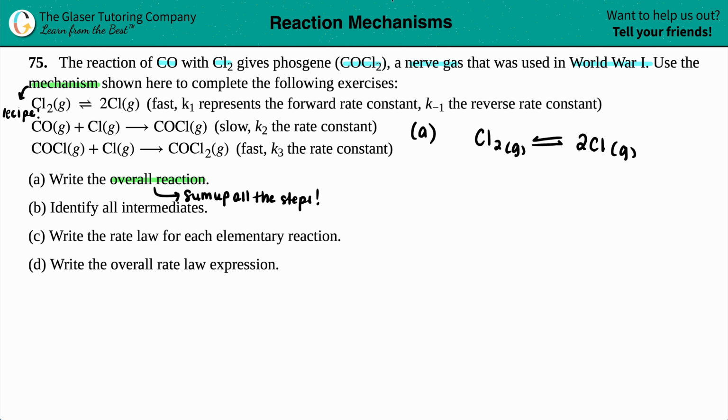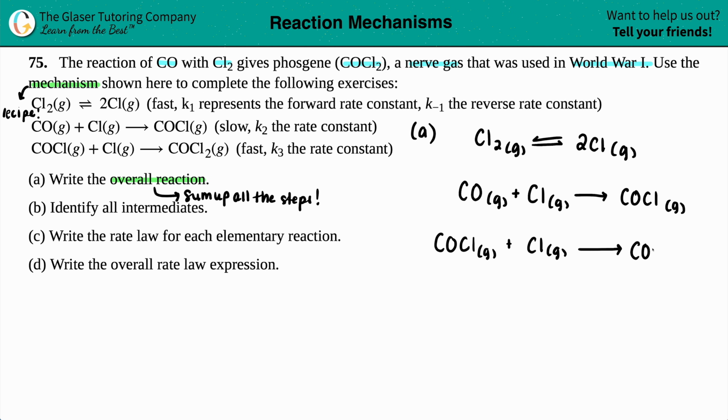Then the second step, we have CO plus 1 Cl yields the COCl, and that's a gas. And then we take that COCl gas, and we add another Cl to it, and then we get the phosgene, which is COCl2. Now, all we're doing is taking these 3 steps and adding them up. So we're going to sum them all together.